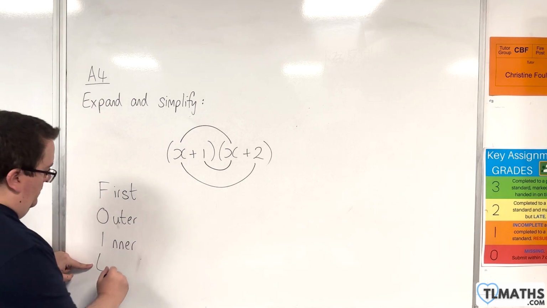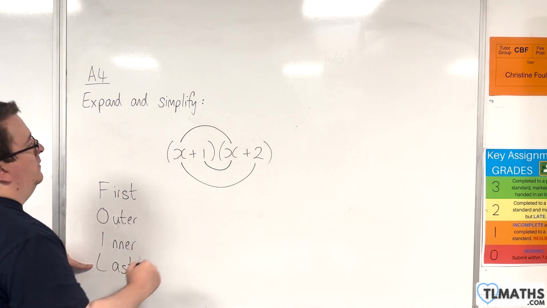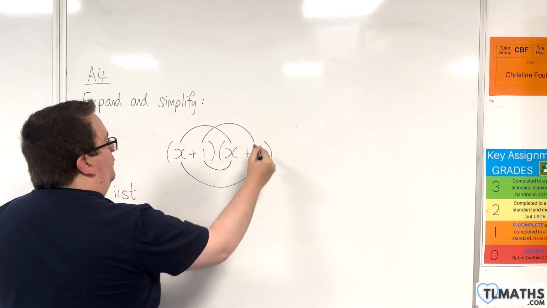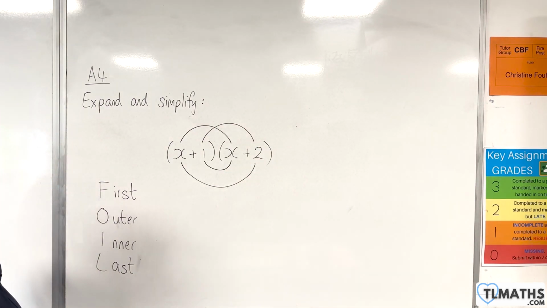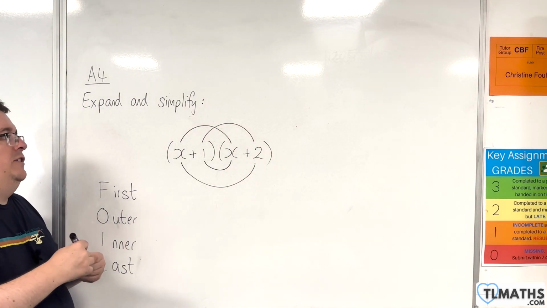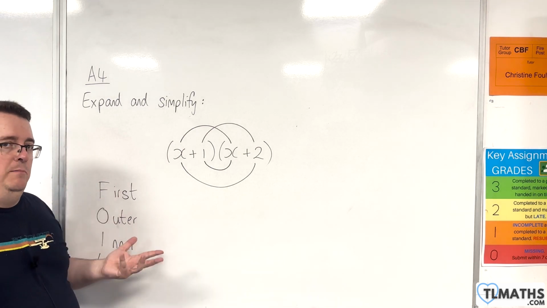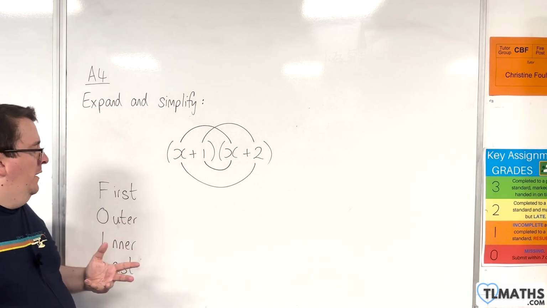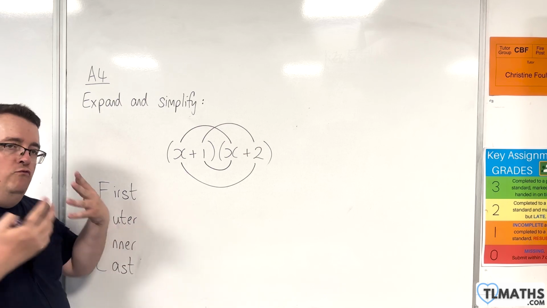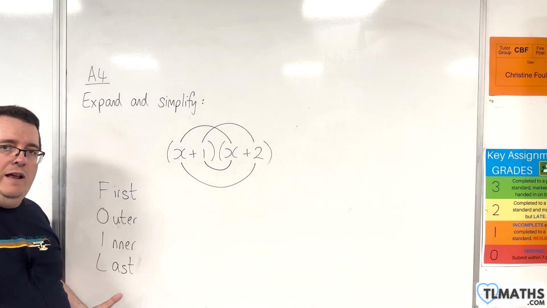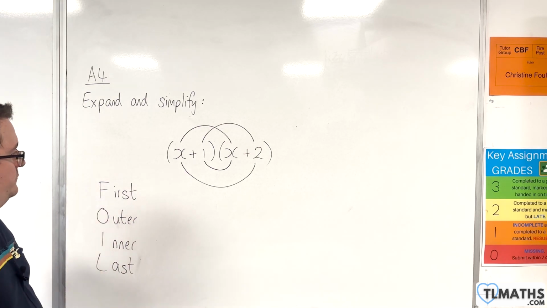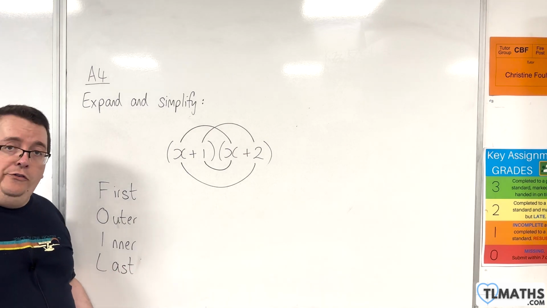And the L stands for last, so the 1 multiplies with the 2. So what you get is a way of remembering that everything needs to multiply with everything else. I don't think remembering FOIL really helps in the grand scheme of things, but it is a way that is often taught.